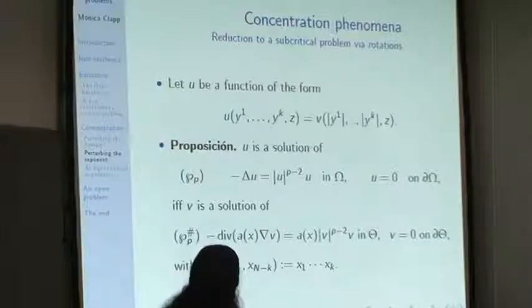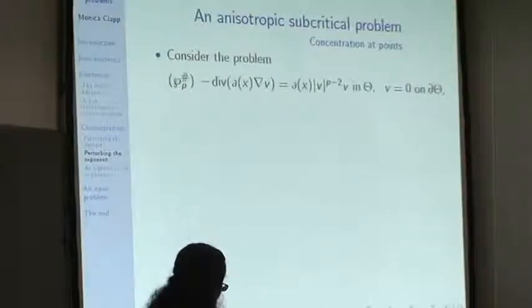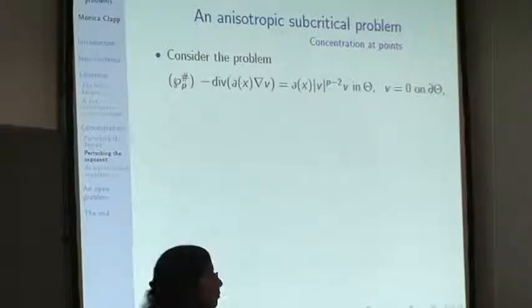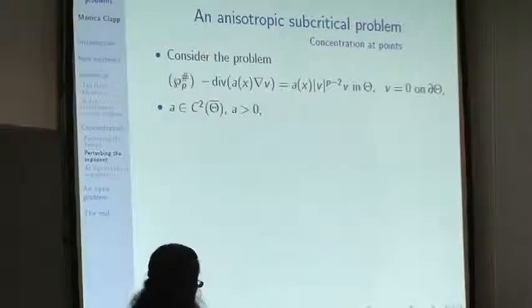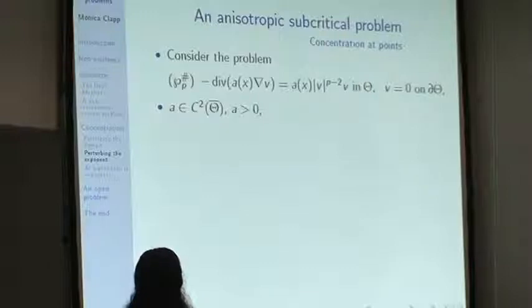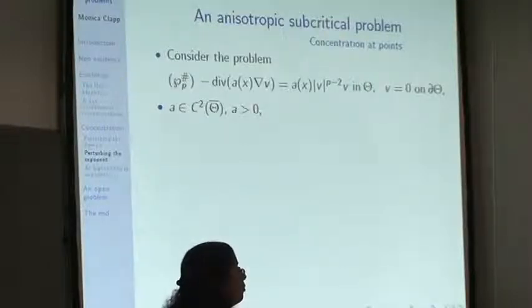Okay. So now we have to deal with this problem. What can we say about this problem, okay? So we are assuming now that A is of class C^2, that it is positive, okay? And we will assume something else.